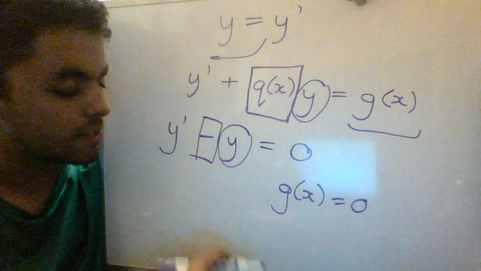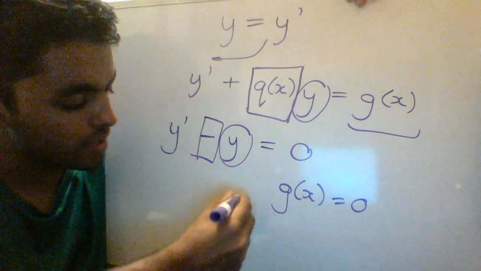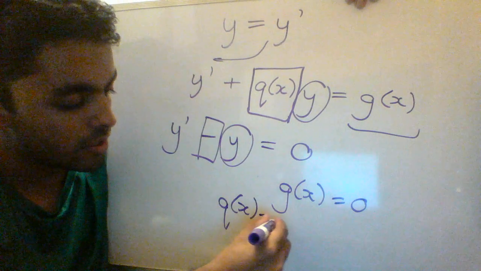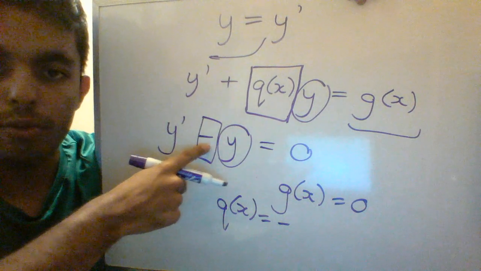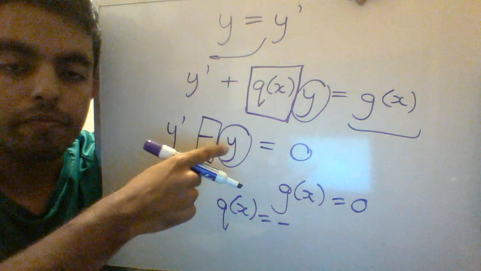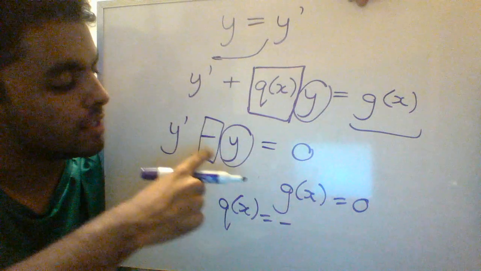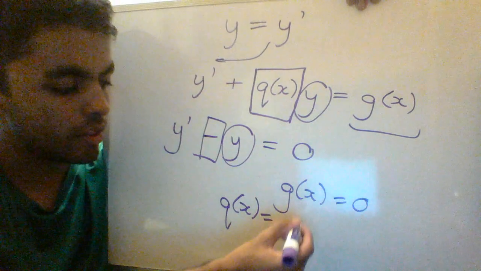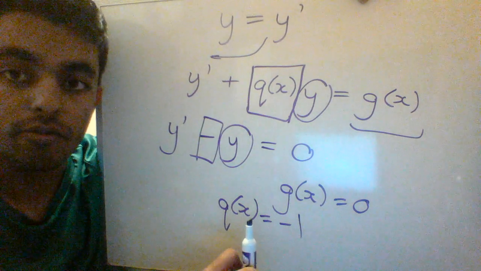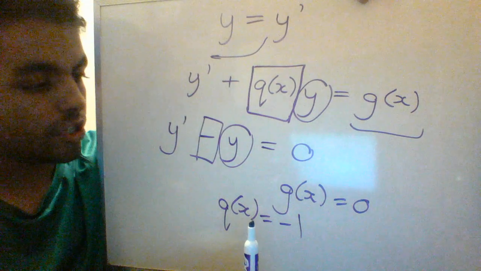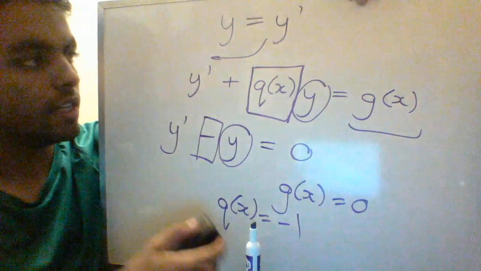And so what that tells us is that little q of x is negative. Negative what? It can't be 0 because otherwise this term would have disappeared. But because we have no other number written there, it must be 1. So little q of x is negative 1, and little g of x is 0.